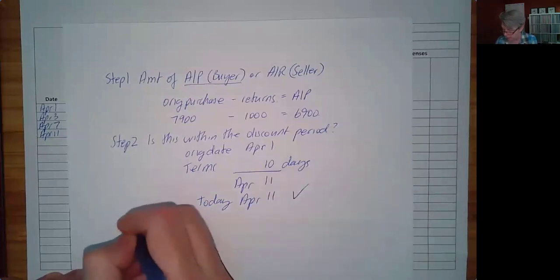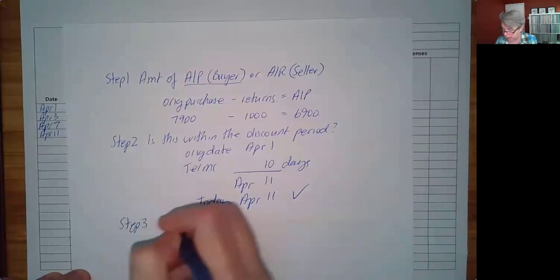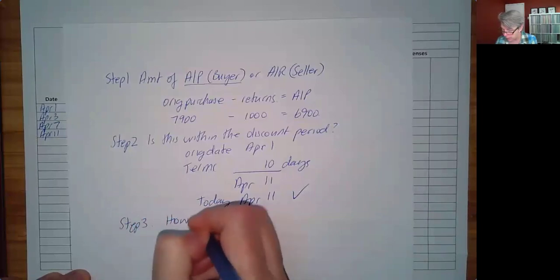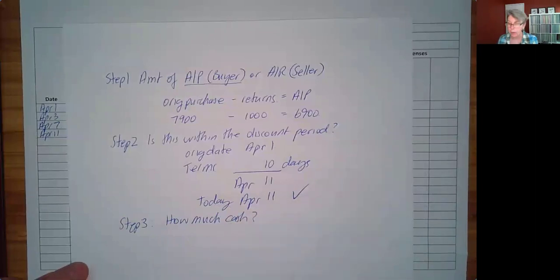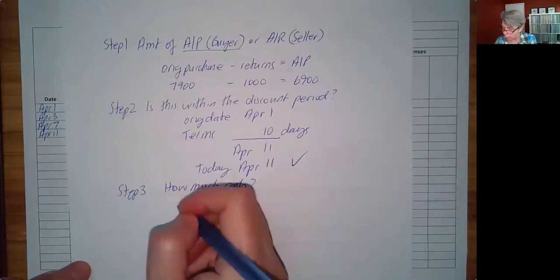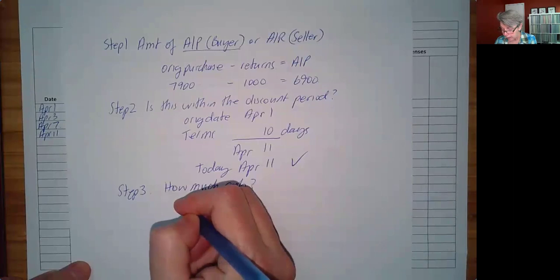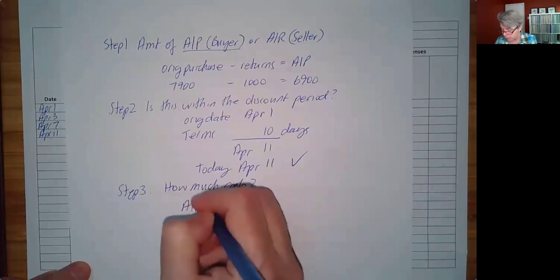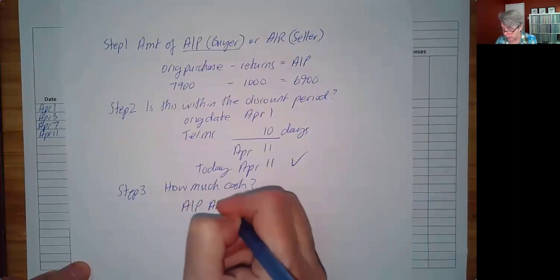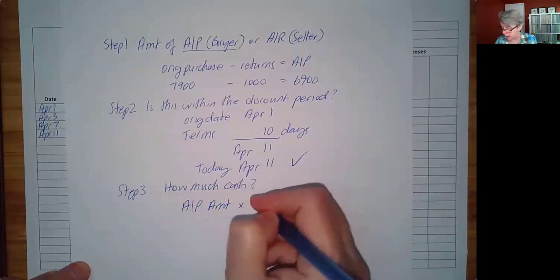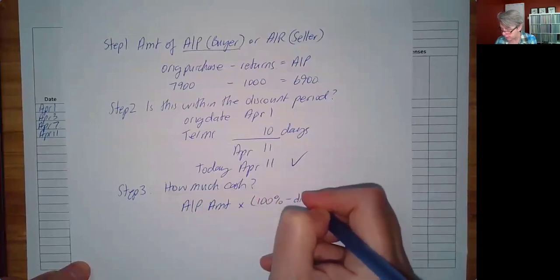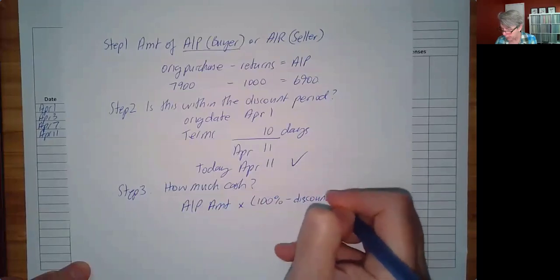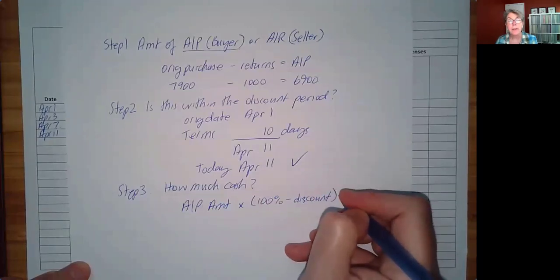Now, step 3, how much cash? We've got to figure that out. So let's look at this. We take the AP amount, and that's from step number 1. We're going to multiply it by 100% minus the discount. That's going to tell us how much cash we've got to pay.